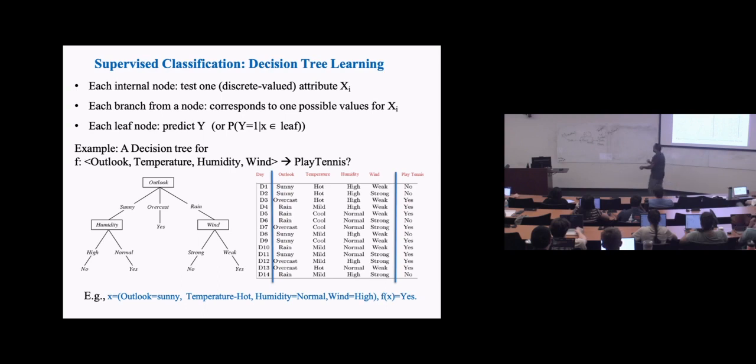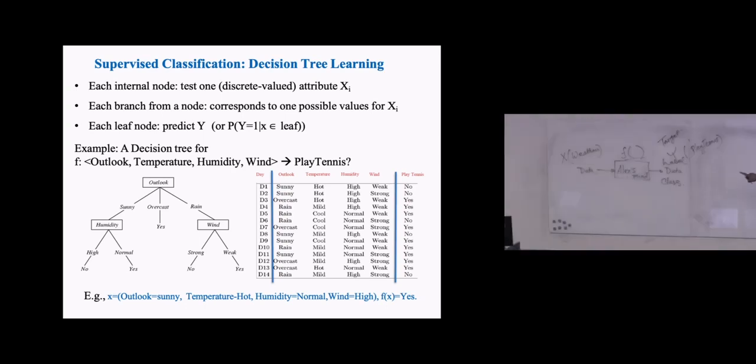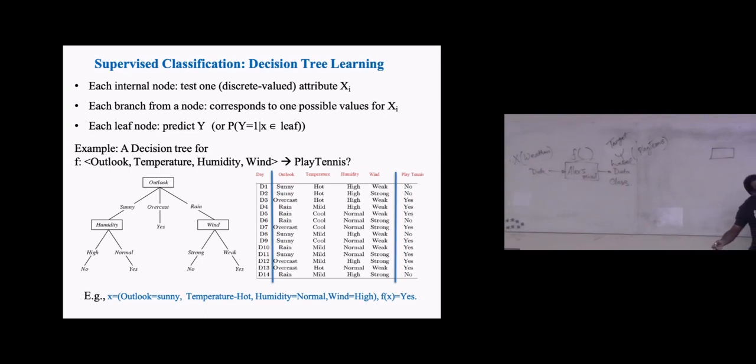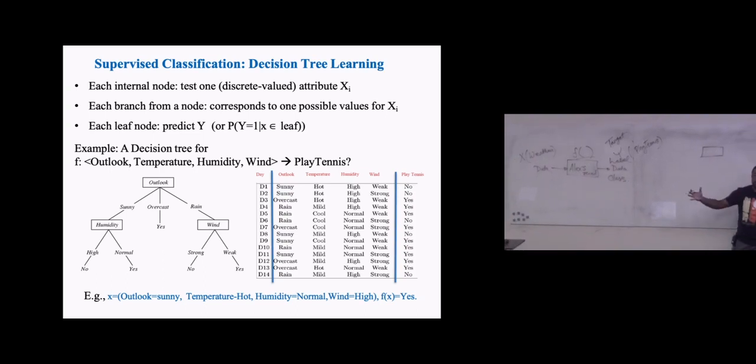So the decision tree is basically a tree where you first select an attribute from the X, because X has how many attributes here? 4, right? The outlook, the temperature, the humidity, and wind. These are the 4 attributes of X. A tuple consisting of the values of outlook, temperature, humidity, and wind constructs an example, a single X, a training example, right?